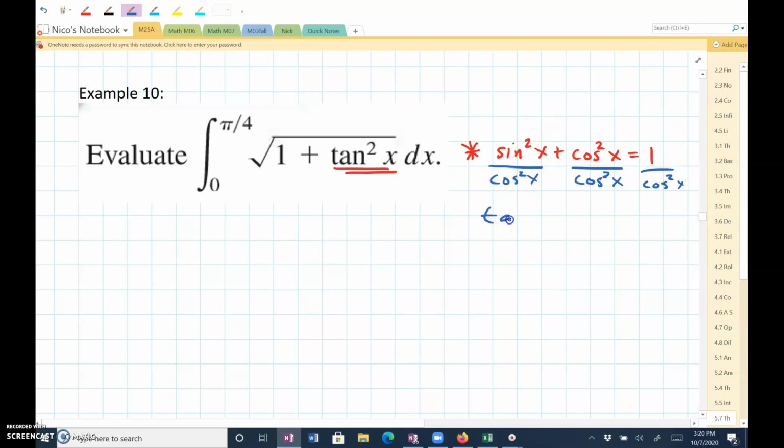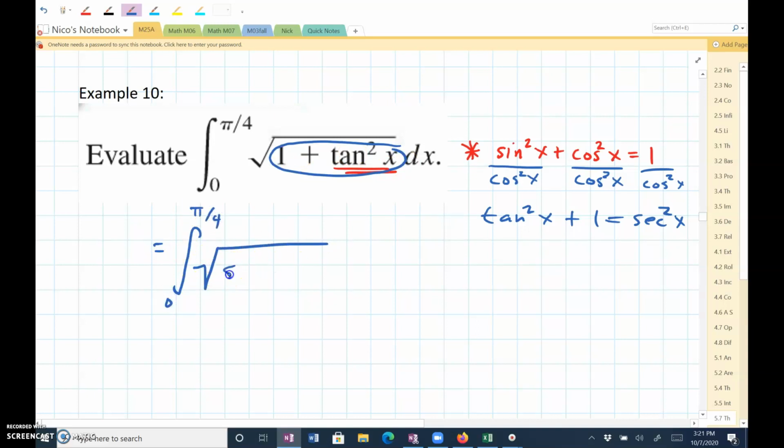So this would become tangent squared x plus 1 equals secant squared of x, which means I can substitute this for secant squared of x. And I know that the square root of a square, those are inverse functions, so they undo each other. So then I'm just going to have secant x dx.